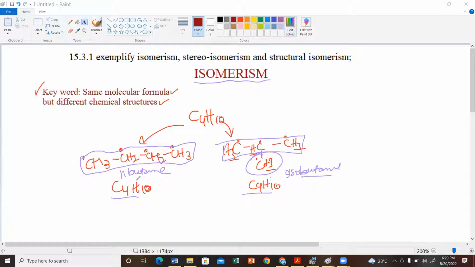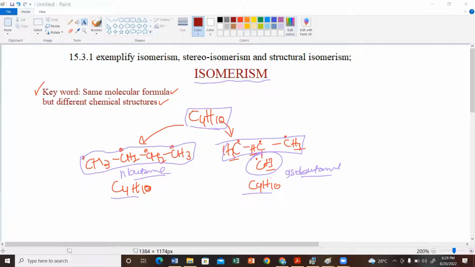Butane means 4 carbon skeleton, but both are different in physical structures because they are isomers of each other. So isomerism is simply when the same molecular formula has different chemical structures. They can be 2 or more than 2 depending upon the type of compound we are taking. So that would be isomerism.